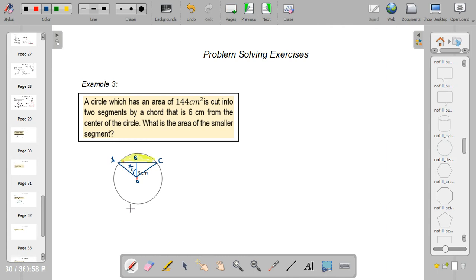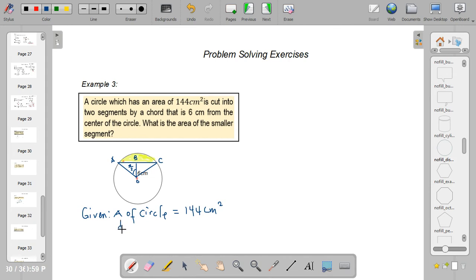Okay. Now, first we are going to write down the given. So the given is area of circle, which is equal to 144 centimeters squared. And then the distance of the chord to the center, okay?